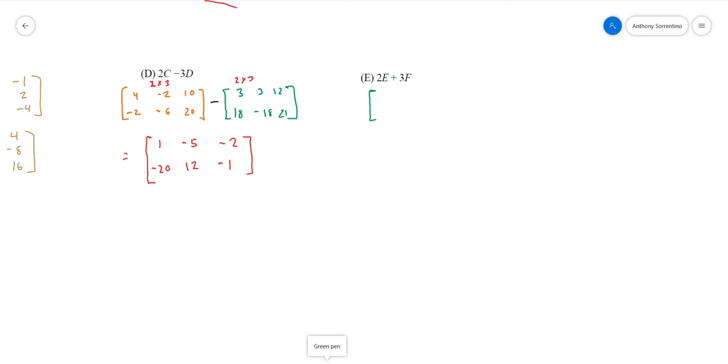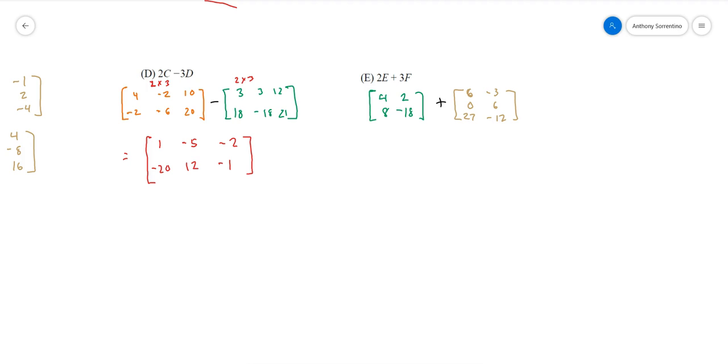Starting off, I'm going to have 4, 8, 2, and negative 18 plus 3 times f. I'm going to have 6, 0, 27, -3, 6, and -12. I went by columns that time.